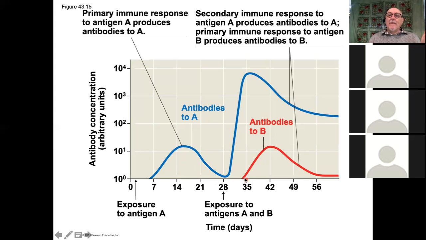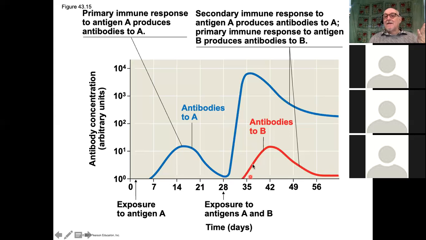Have a look here. Here we're going to introduce a second antigen of some sort. This is antigen B. We've got this wonderful response to antigen A. But now let's introduce antigen B that looks different. What happens? Look there. Well, it's exactly the same as this response here.